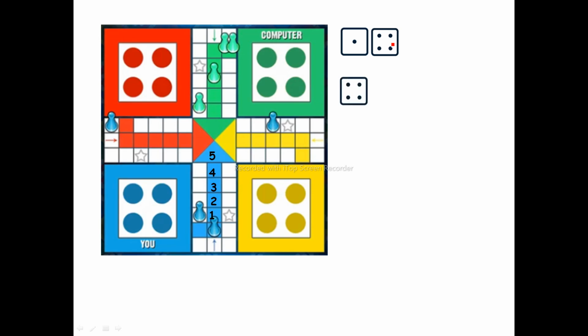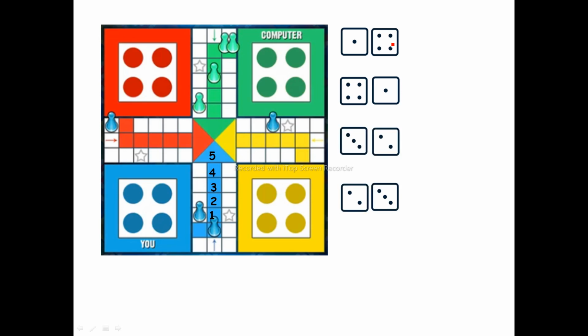Or in one die 4 and 1, or 3 and 2 combination, or 2 and 3 combination. If this occurs then I will win, or blue will win. So this is the favorable event, meaning if this occurs then I will win. So this is known as favorable event or favorable cases.